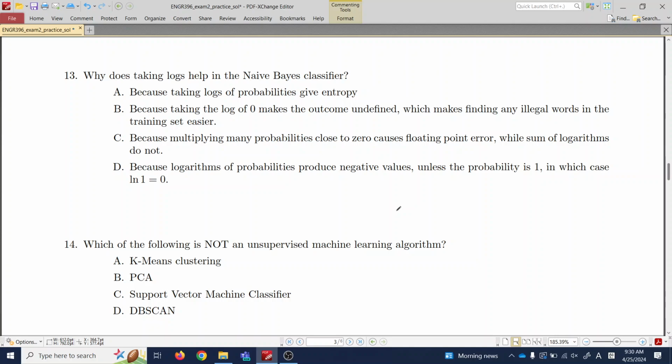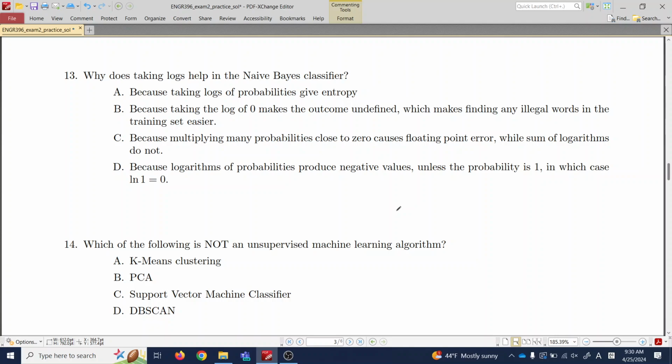But the problem is that if you multiply many probabilities, what's going to happen? A lot of these probabilities are like 0.01, 0.02. If there are like 300 words in one email. Some are shorter, but some long emails have like 1,000 words. Now, imagine what's going to happen if you multiply 1,000 probabilities. That's something like 0.01. What are you going to get? You're going to get 0.0000000, so many zeros and then some numbers, okay?